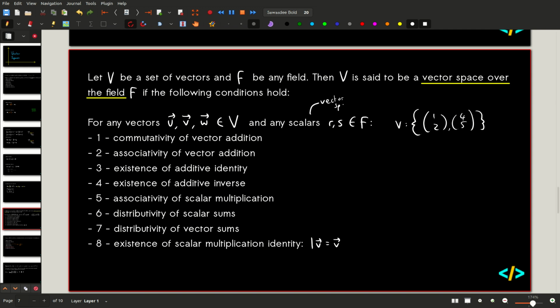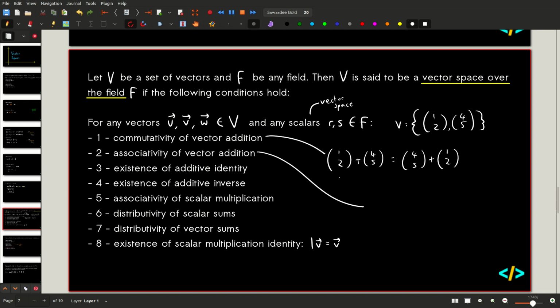Commutativity of vector addition is the same as commutativity before, where order doesn't matter. If we add two vectors, it will always equal the same as adding them the other way around. The order of operands doesn't matter again. Okay, associativity. What's associativity of vector addition?